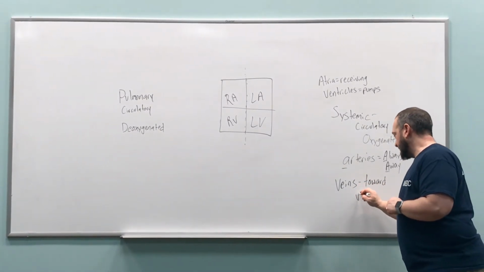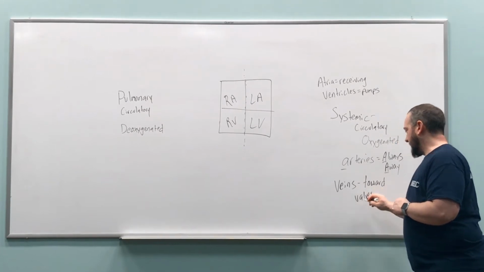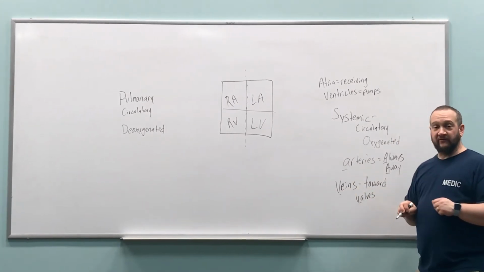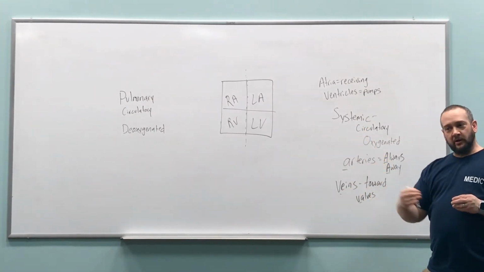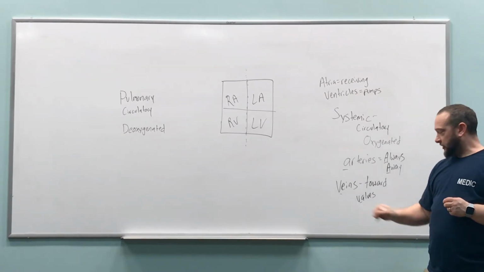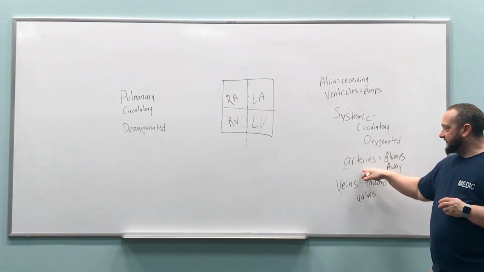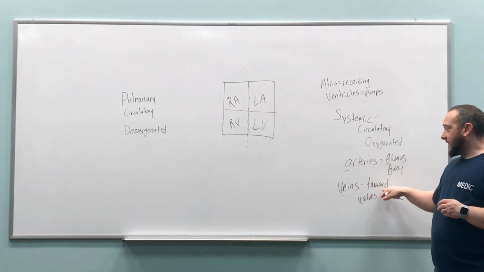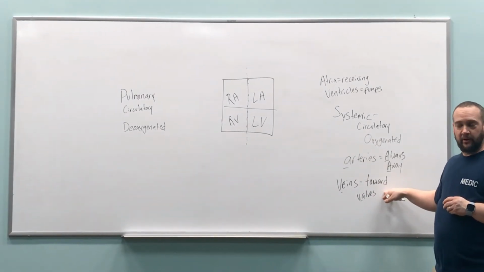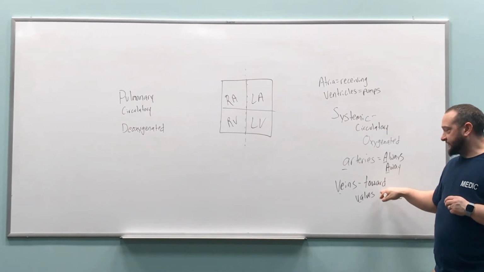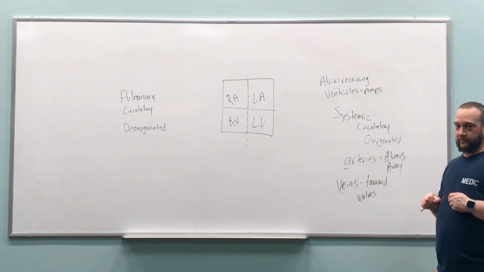Veins have valves. So again, veins, valves. In healthy vasculature, these valves are going to prevent backflow, okay? So these are universal. Most of the time, veins have deoxygenated blood, but not always. Always, veins carry blood toward the heart, okay?